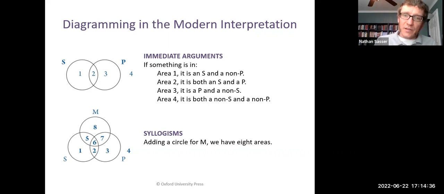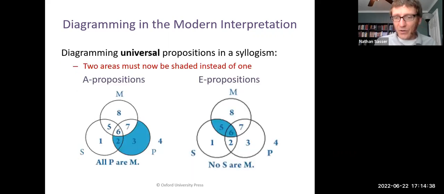Now, let's turn to how we diagram universal propositions. When you diagram universal propositions, you're going to use shading, and you're going to shade out the areas where nothing is. For each of these statements, you're going to shade 2 sectors of the Venn diagram.